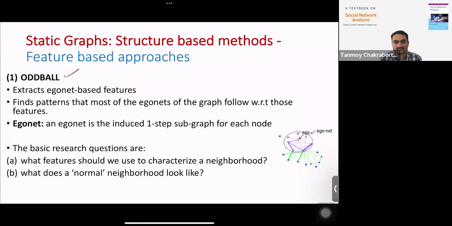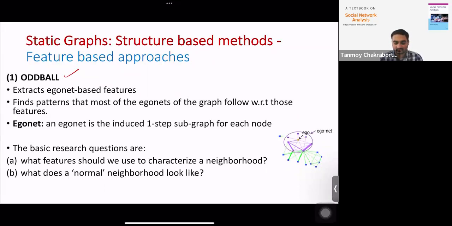OddBall is a very interesting algorithm, or not an algorithm, this is more of a pattern matching kind of approach, where you decide a particular type of anomaly that you want to detect, and then you start looking at some of the patterns that you can use for detecting those types of anomalies, right? For example, you say that, look, I want to identify all stars, because I know that in this graph, if there is a star, that's an anomaly. Then you can devise an algorithm to detect all the stars, right? So this is the idea.